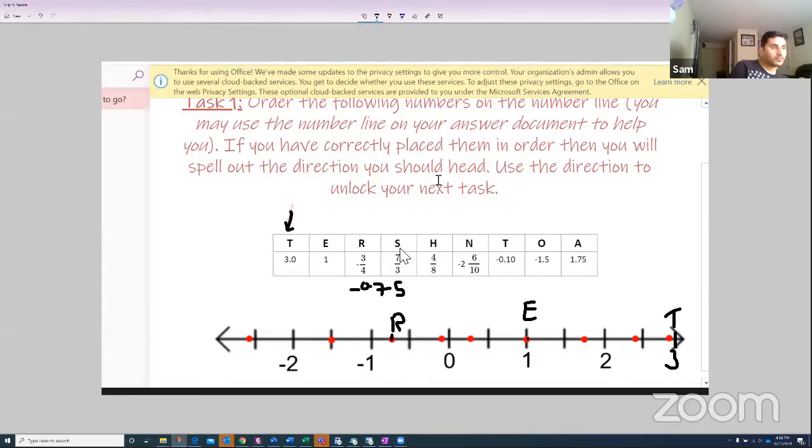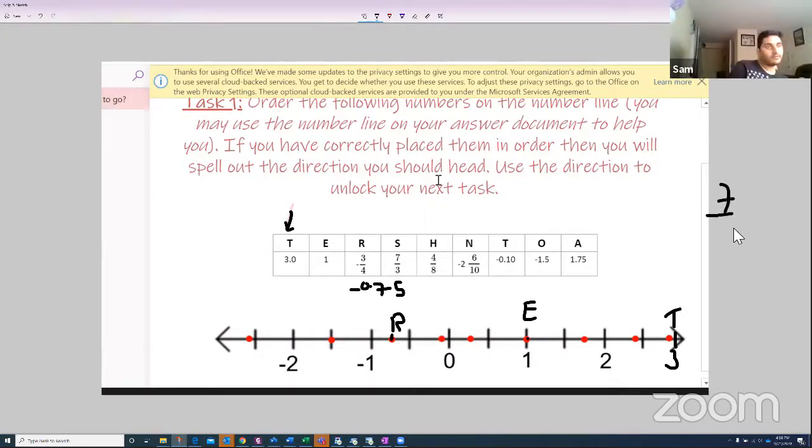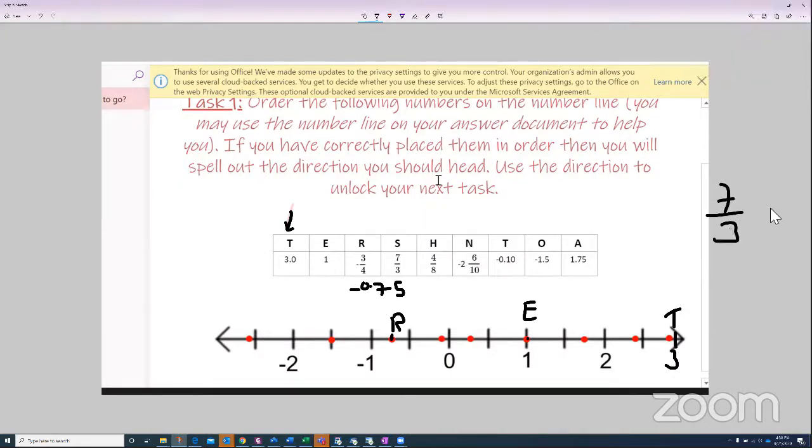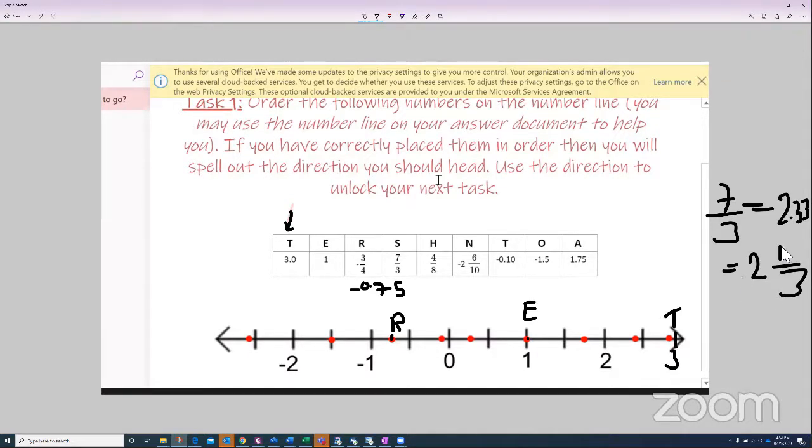Okay, then we have to go to the next one. The S is gonna be 7/3, right? And 7/3 is gonna be 2.33 and on. 2.33, okay. That we can write down as a 2 and 1/3, right? Two complete numbers and this is 1/3, so it has to be positive.